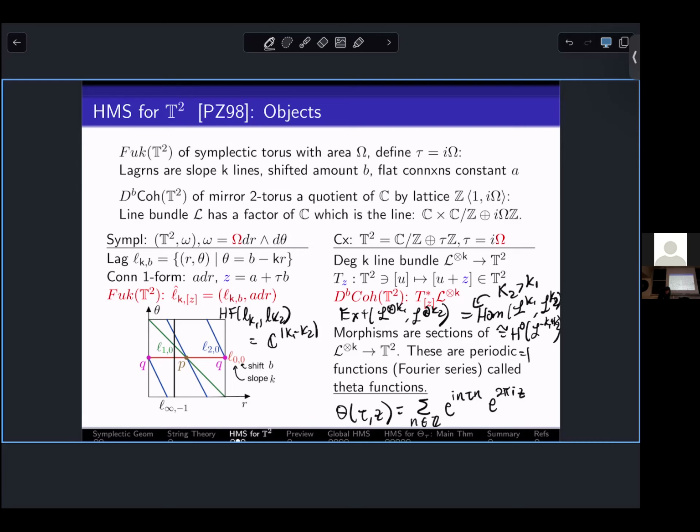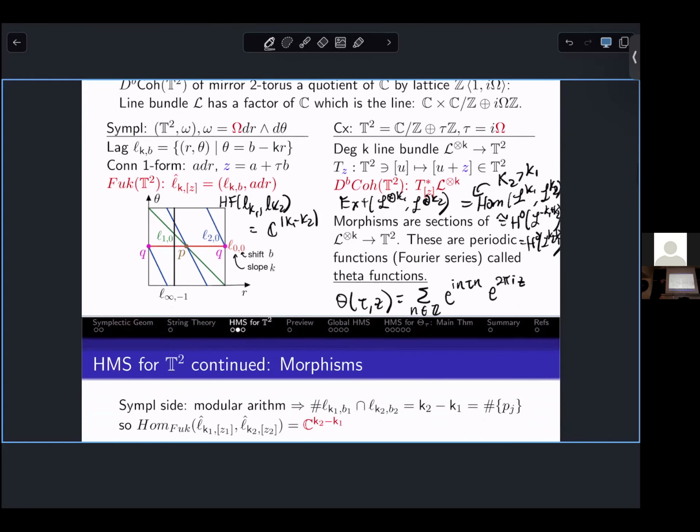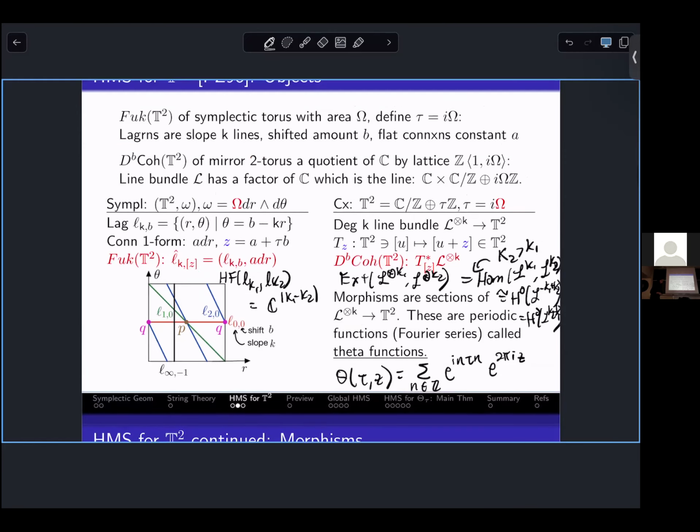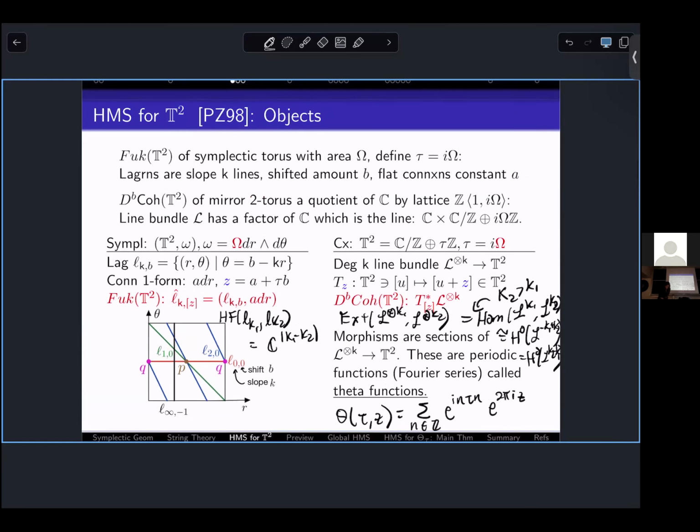So now we have sections of L to the K2 minus K1. And in the next slide, I explain this a bit more. And there, yeah, a quadratic term and then a linear term.